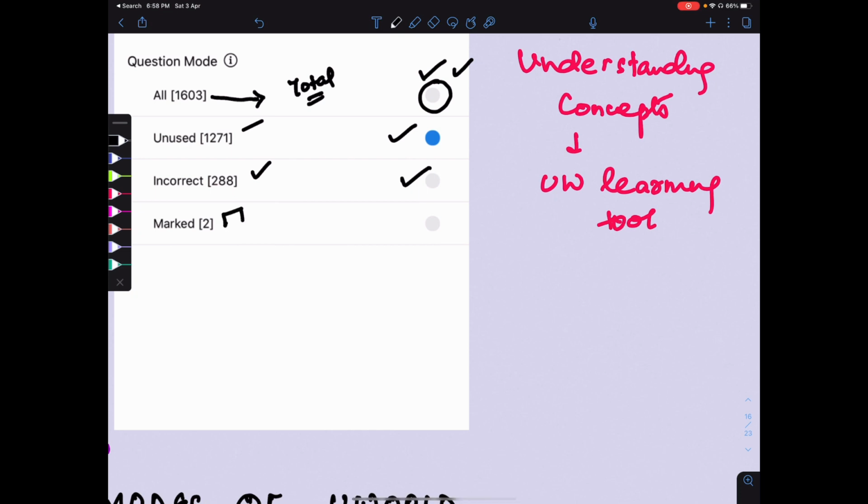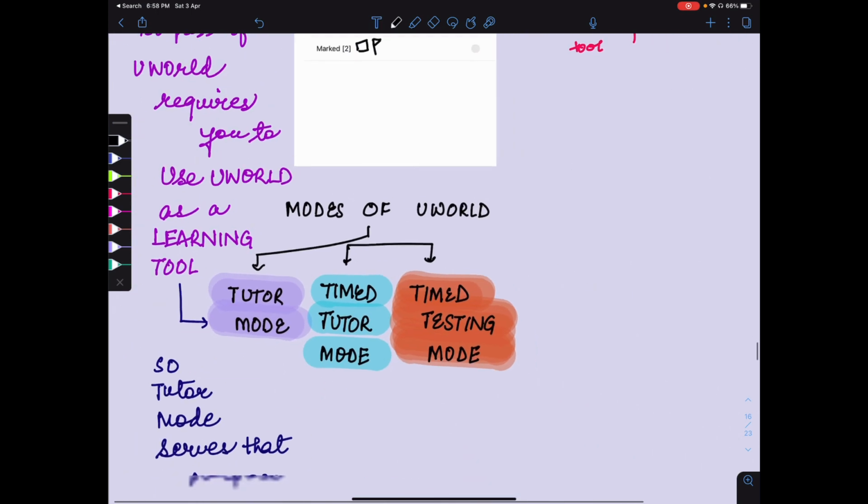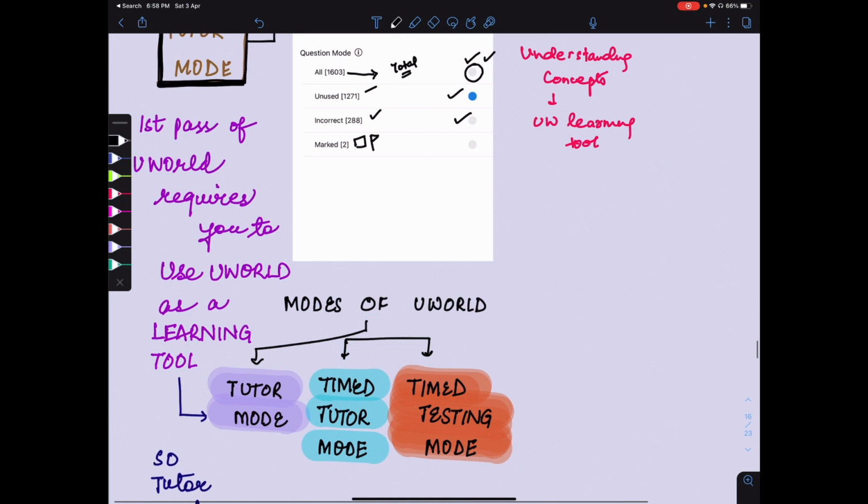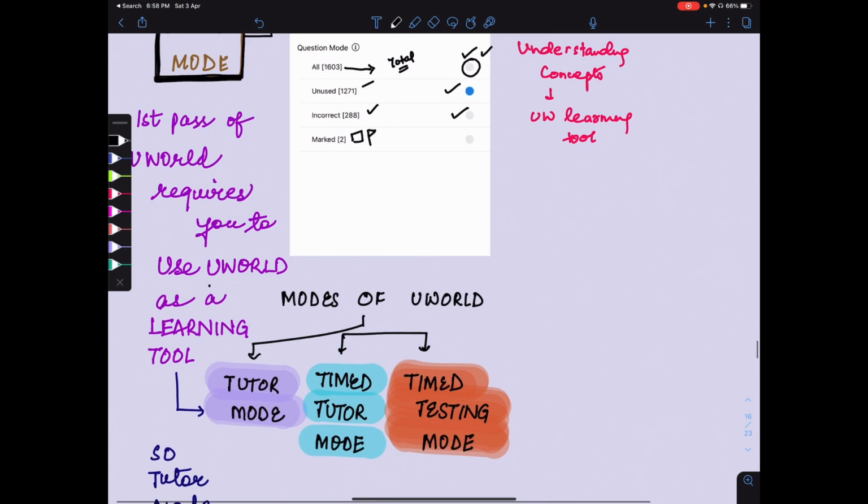And marking, I told you in the previous video that you will be seeing a flag in the topmost tab for marking the question, right? If you can mark the question, you will be easily able to spare these questions for a later review. See, the first pass of the Uword requires you to use the Uword as a learning tool. This I already told you.